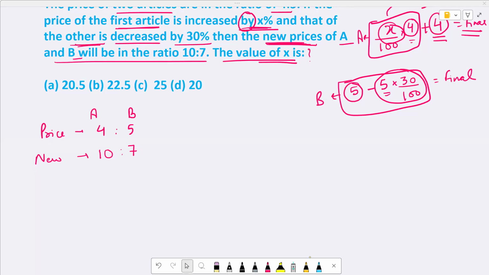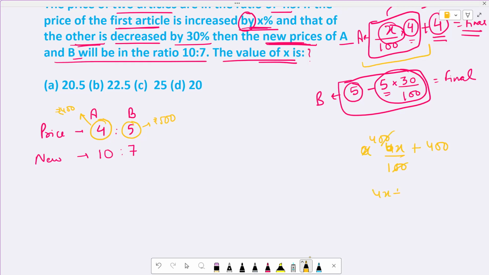In these types of questions, we can take some value ourselves so that the calculation becomes easier. So we can take 4 to be equal to rupees 400 and 5 to be rupees 500. This is the original cost. Now the increase is 4x divided by 100 plus 400. Oh, sorry, here also I have to write 400 itself since we are taking the cost.